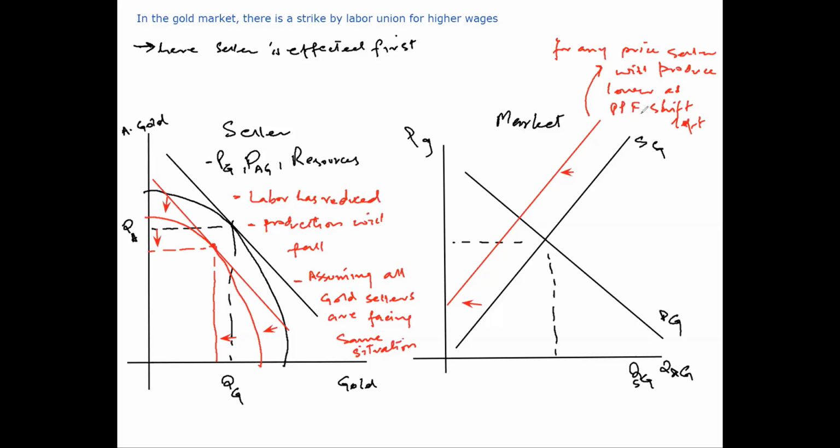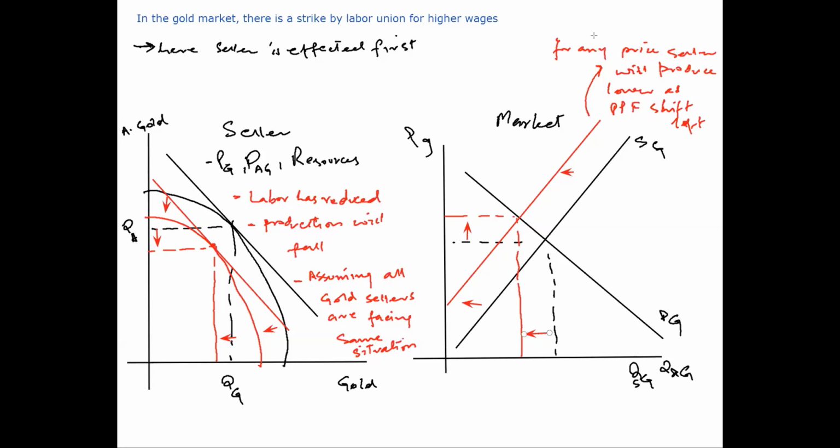Okay, so what has happened here? As the seller has felt the shrinkage of resources, his ability has been reduced. So if we see the equilibrium in the market, you will notice that there is an increase in price but a decrease in quantity.